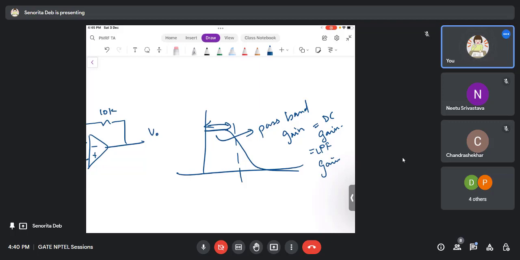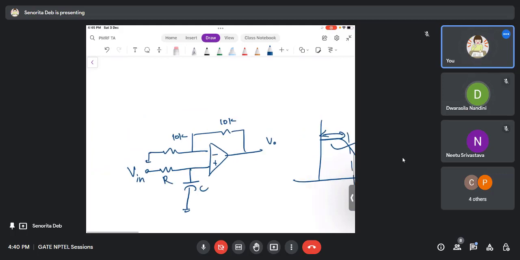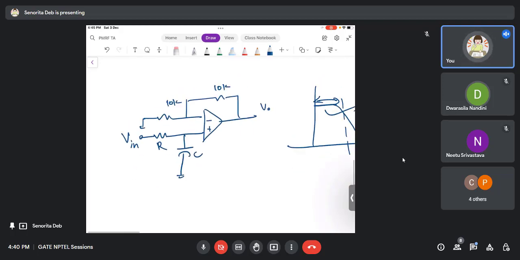Okay. So now easily you could have found out that this is a non-inverting amplifier, because the cap will be open during the DC part, or till the point it reaches the cutoff frequency.